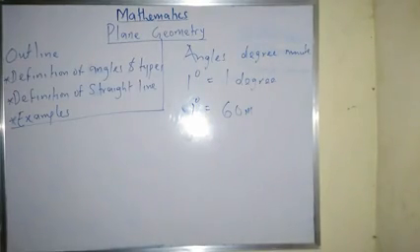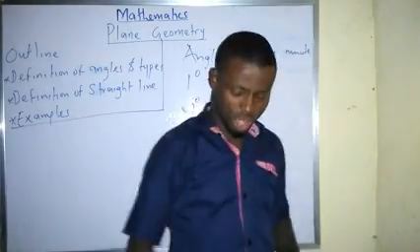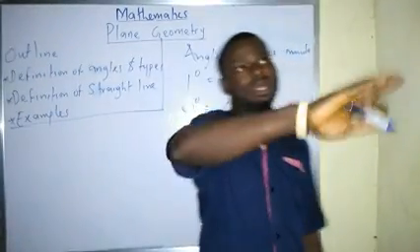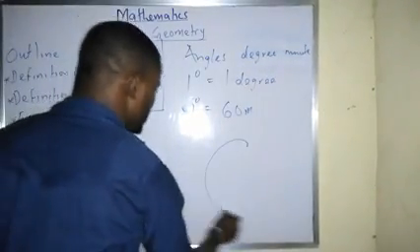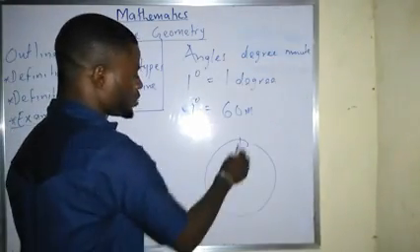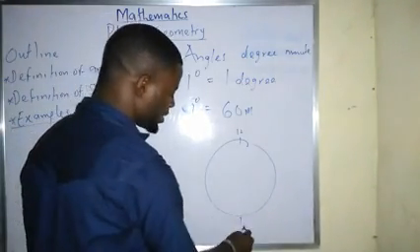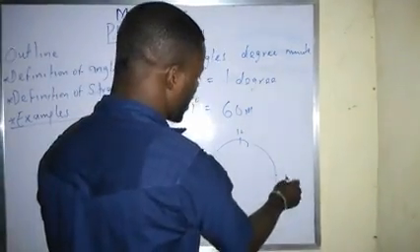And we all know how our time looks like. Our time is in the form of a circular shape. We have 12, and we have 6, and we have 3 and 9, and so on.